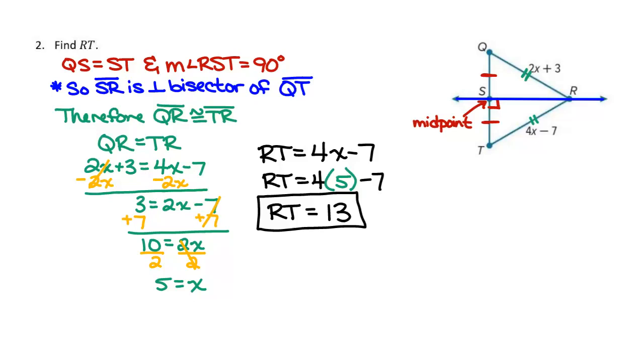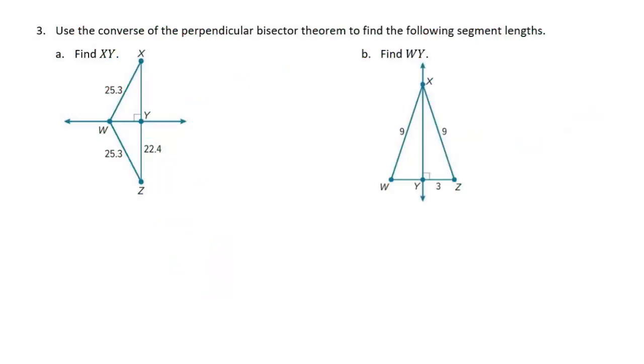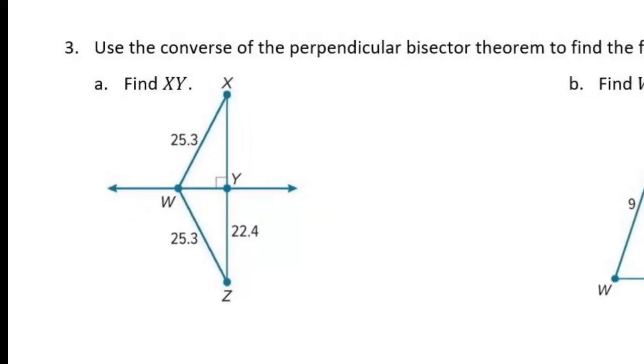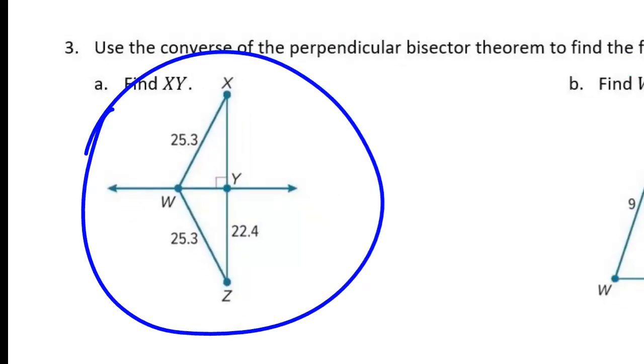Let's flip over to page 4. We are going to use the converse of the perpendicular bisector theorem to find some segment lengths here. What do you notice in the picture for part A? There's 2 things that stand out to me here.